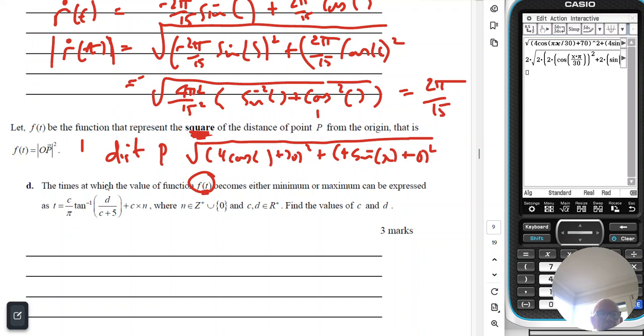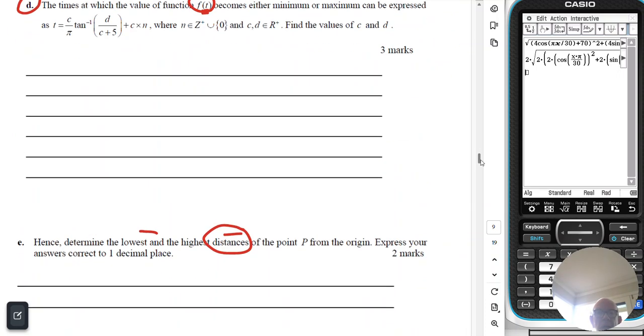And for part D, we are then squaring it. For part E, we're looking for the maximum and minimum distance.